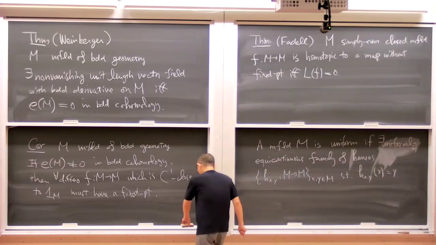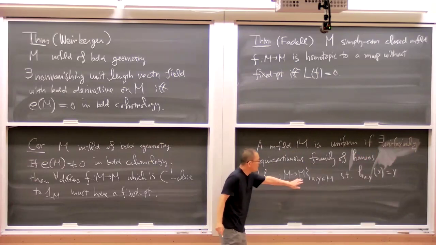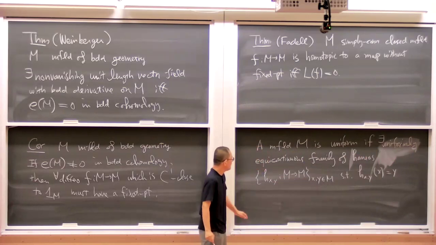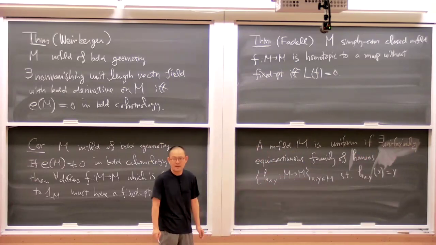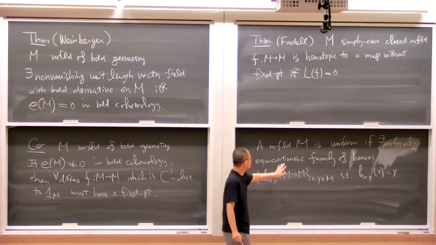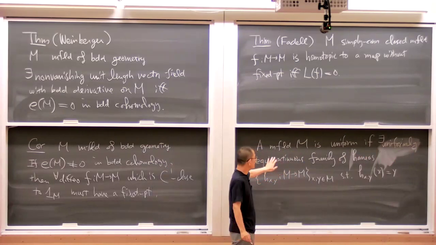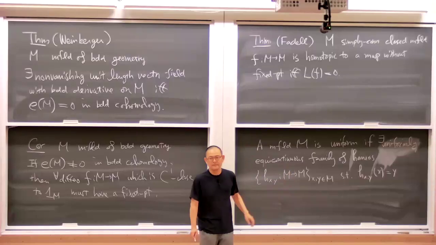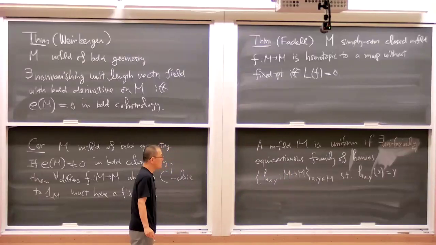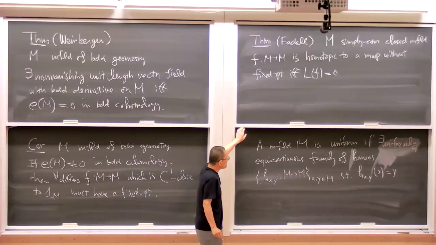Of course, for each pair of points x, y in M, we have such a homeomorphism. But the point here is that this family must be equicontinuous and uniform. Okay. Right.